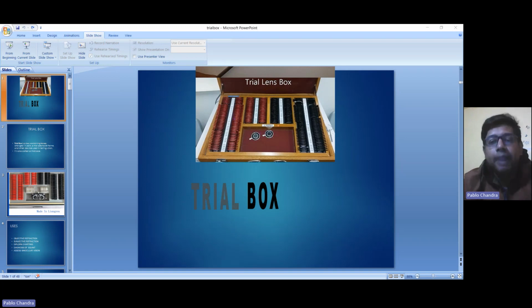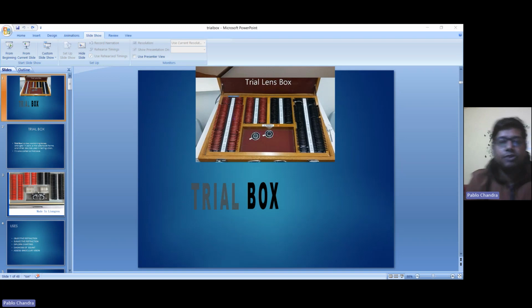So whenever we put the Maddox rod in front of the eye, and we put a straight light, we can understand whether it is matching the straight light or not. If it is matching, then there is no hidden squint. And if it is not matching, then it will be a latent squint. And we will tell you, when we do the binocular vision section, how to find out a latent squint and a manifest squint.